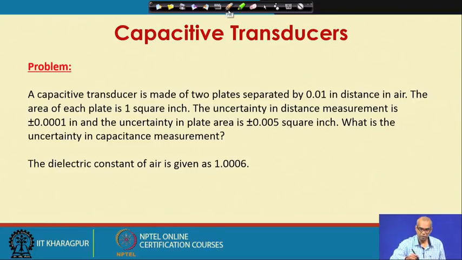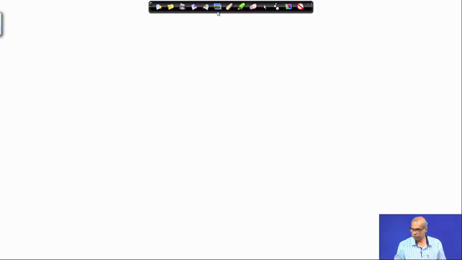So, how do I solve this problem? What you need to know is that the capacitance can be expressed as 0.225 epsilon A by d. 0.225 is the magnitude of the constant when we use inch to express d and square inch to express area.